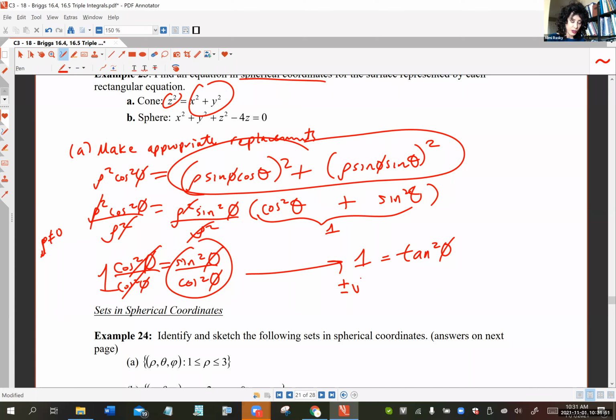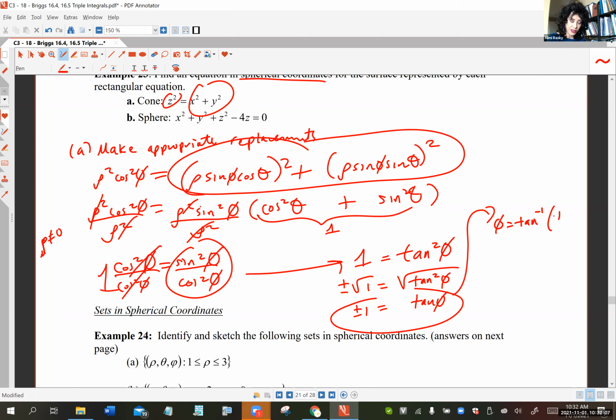Now I'm going to take the square root of both sides. Don't forget your plus or minus. And I'll have that tangent phi is plus or minus 1. And so if you take tan inverse of both sides, you'll have phi is tan inverse of plus or minus 1. So phi can either be pi fourths.